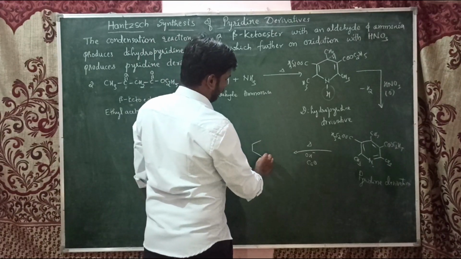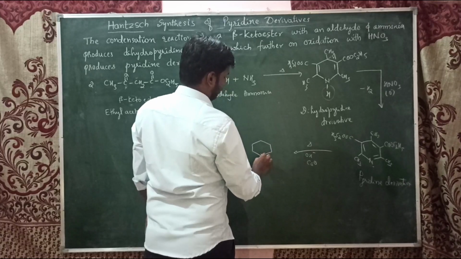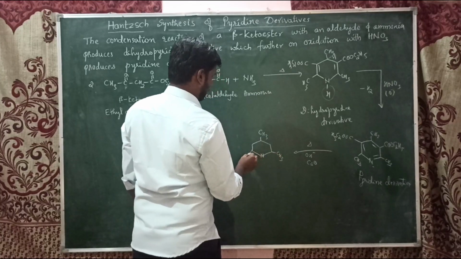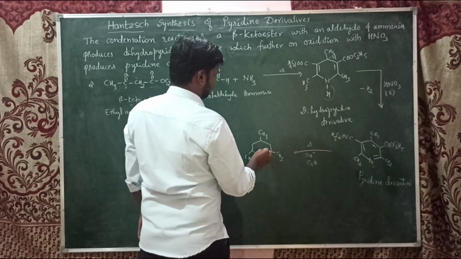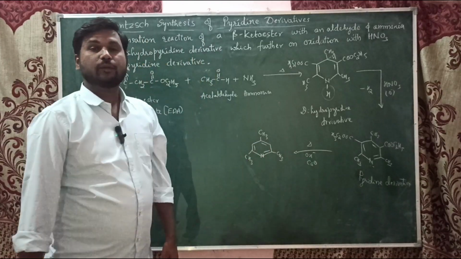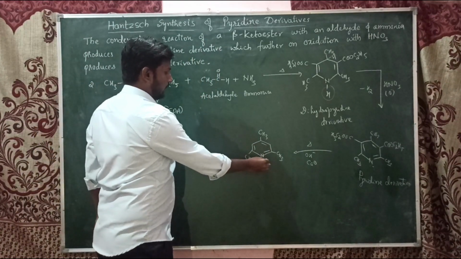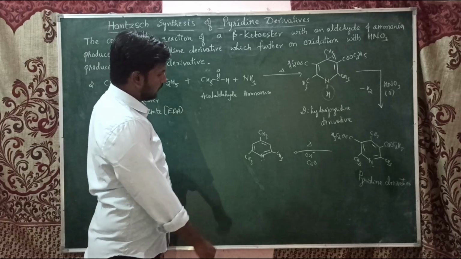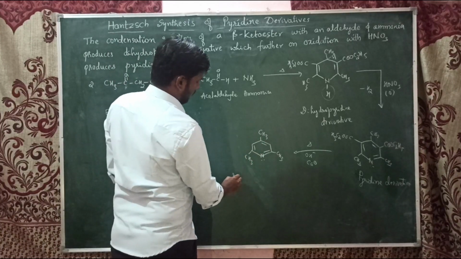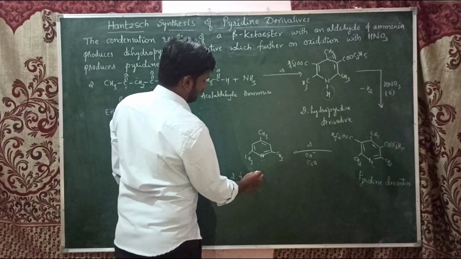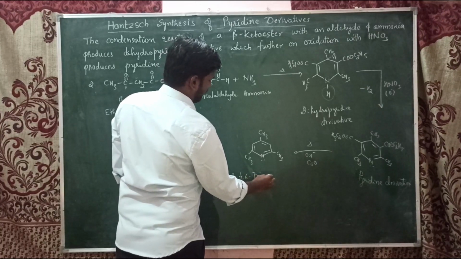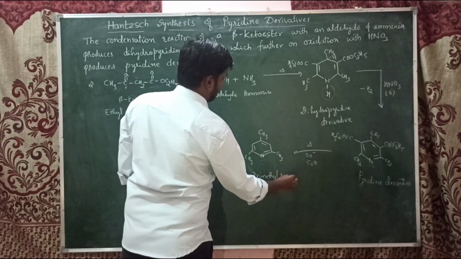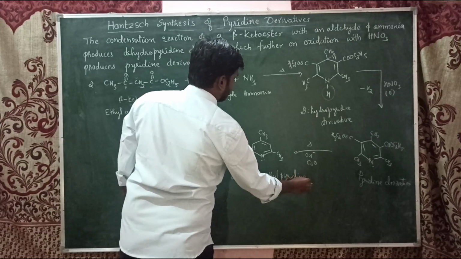So here we are going to form an alkyl derivative of pyridine, with CH3, CH3, CH3. We can get this from the Hantzsch synthesis. If you name this one, at second position, fourth position, and sixth position we have a methyl group. So it is 2,4,6-trimethylpyridine. This much we can get from the Hantzsch synthesis.